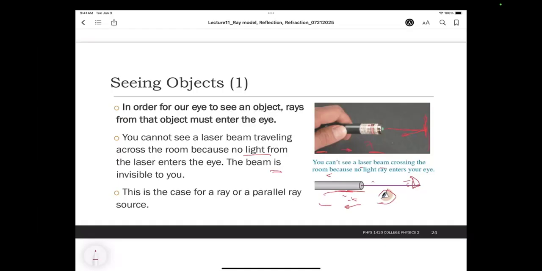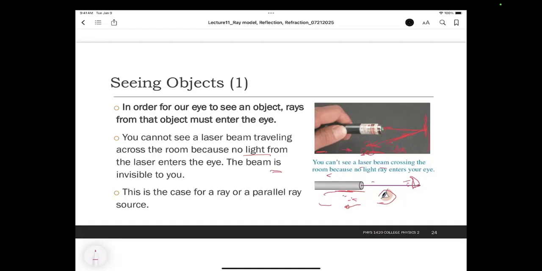If your eye is here and this reflected light enters your eye, you can see that dot, which doesn't mean you can see the light beam itself. You can only see the flashlight. Does that make sense to you?